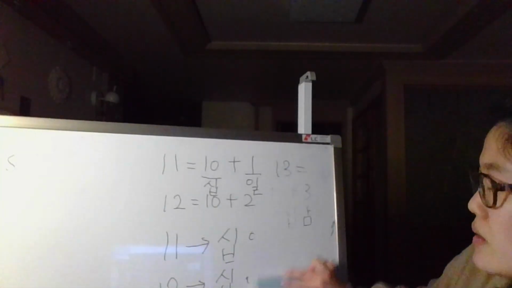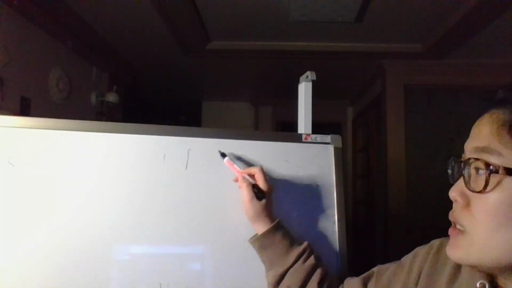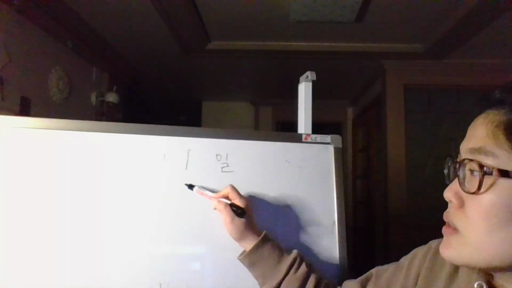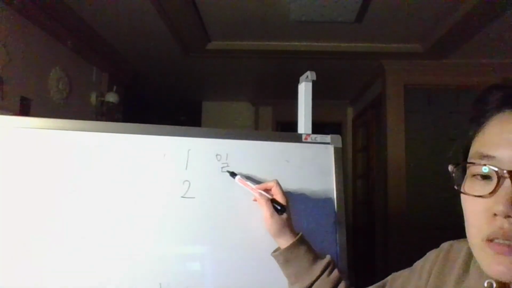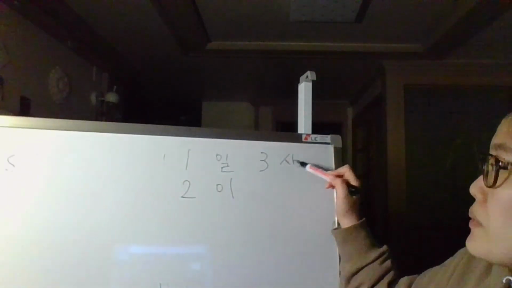That's good. So if you would like to use this naturally, you should know everything. What is this? This is il. This is i. This is sam.